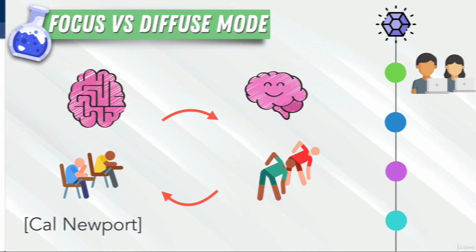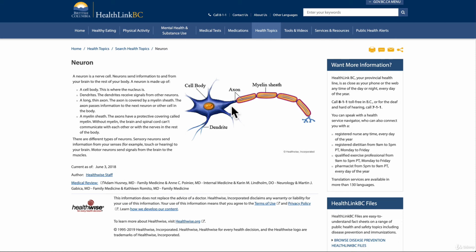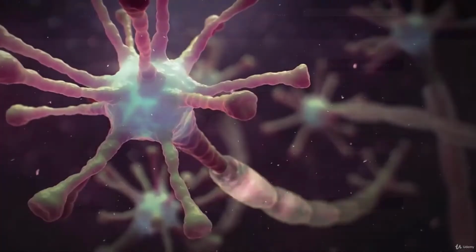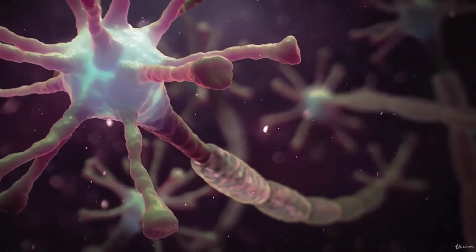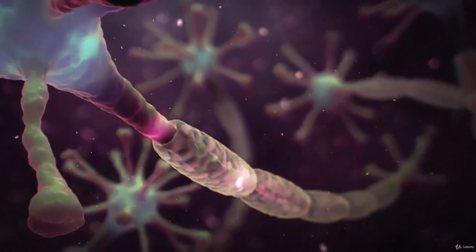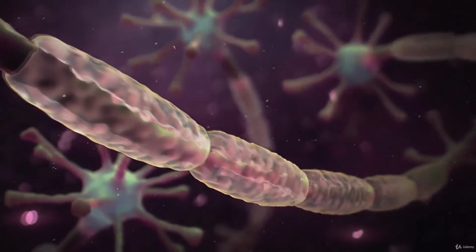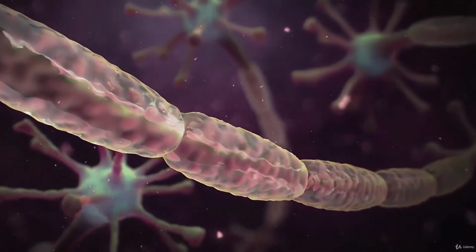Let's take a look. If we look at an image of a neuron, which is what forms our brain, these are cells that are connected to one another, and that's how we get knowledge. You see that they have something called the myelin sheath over here. And these myelin sheaths actually allow the signals and connections to travel faster and more efficiently through these different neuron cells because, well, we have a lot of neurons in our brain.